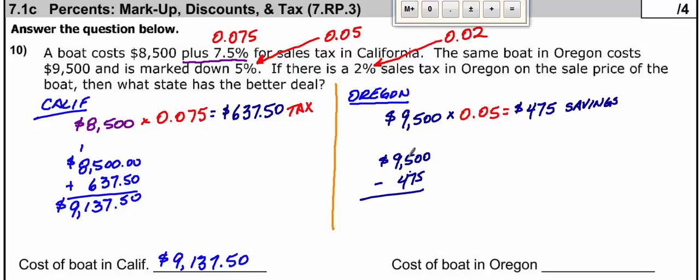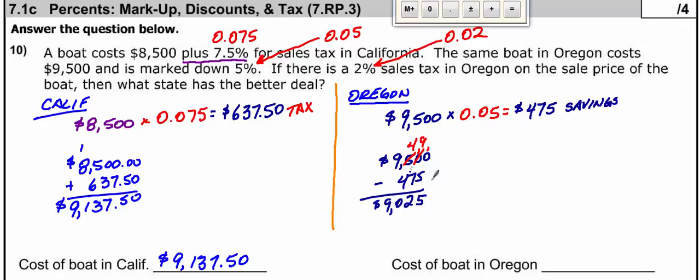All right, so this is going to be one of those cases where we have to do some borrowing. Now, you could have done this on the calculator, but we can certainly do it by hand. That becomes a 10, cross it out, becomes a 9, that becomes a 10. 10 minus 5 is 5, 9 minus 7 is 2, 4 minus 4 is 0, 9 comes down, and we have $9,025.